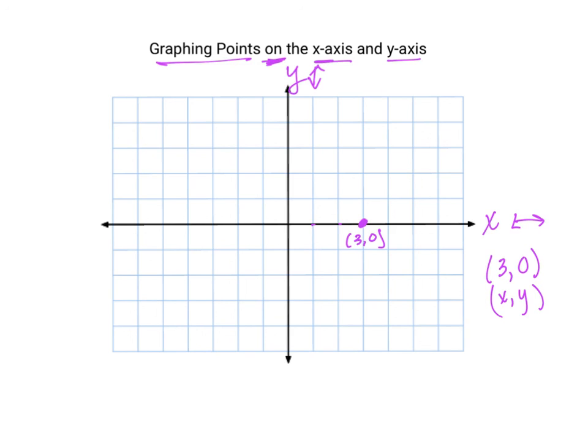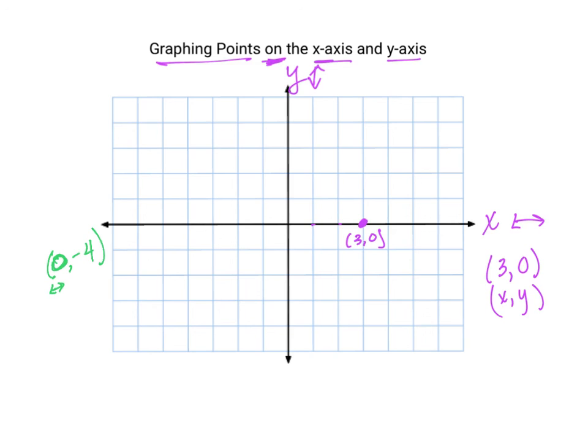Let's look at another point. Let's say I am looking at the point 0, negative 4. Well, 0, again, the first one tells me left or right, but it's 0.